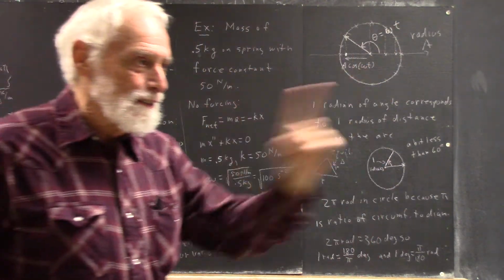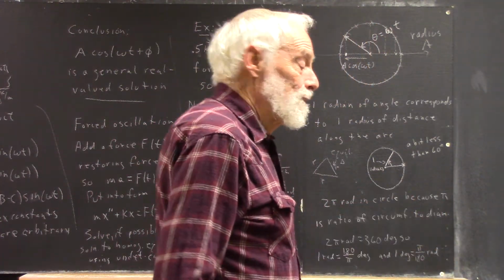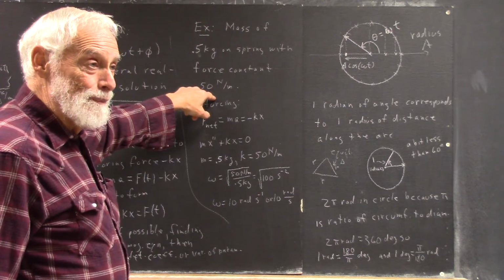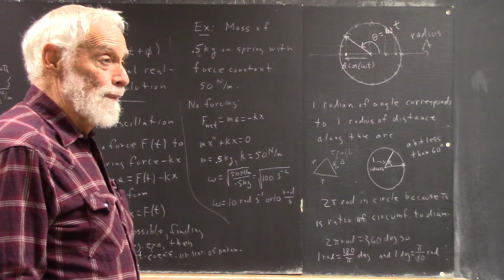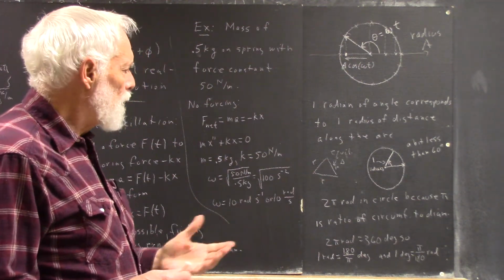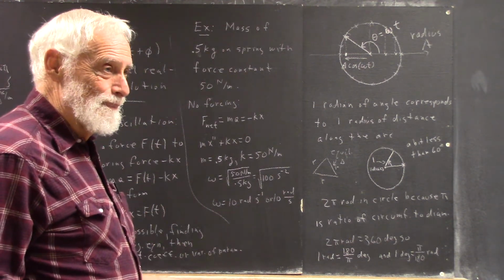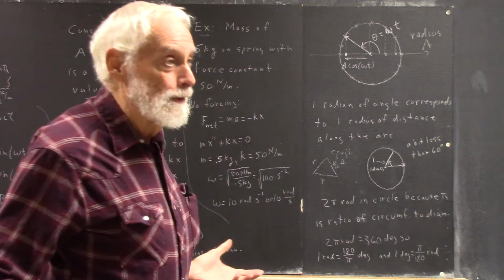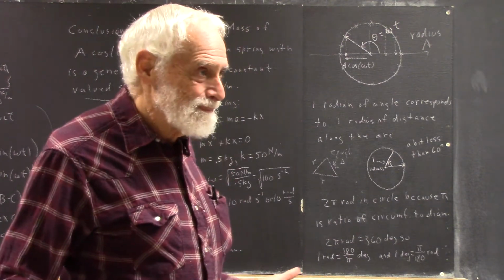So it's oscillating pretty fast. If you put this mass on a spring with this force constant, it's got to oscillate that quickly. Well, I think I can drive it at that frequency, but what if I try and I only get 9 radians per second? Then I've got a differential equation that tells me what's going to happen, because no way I'm going to figure it out by trying to do it.